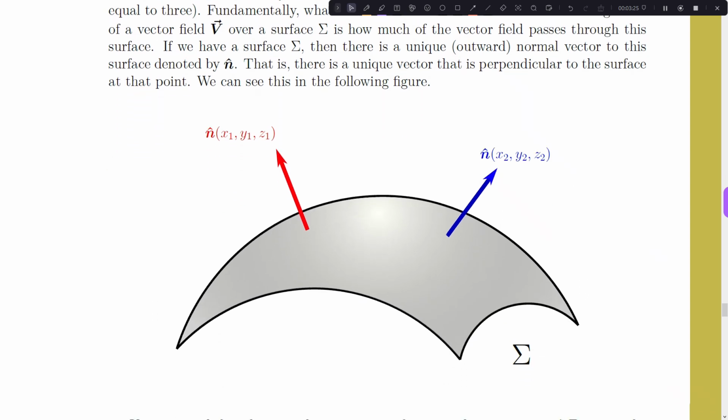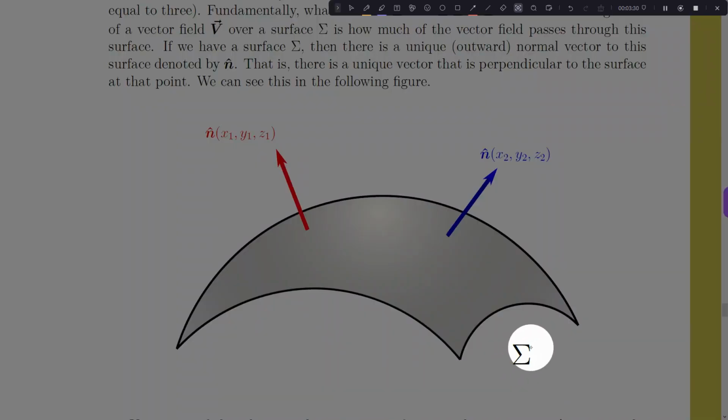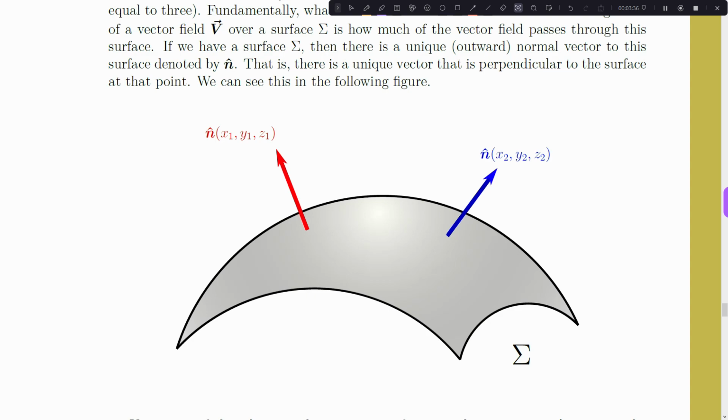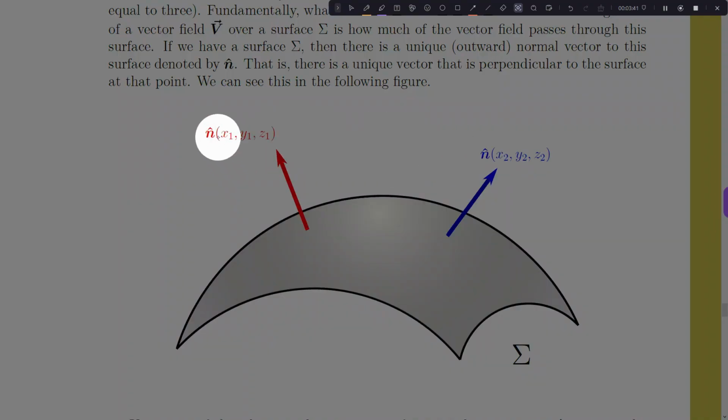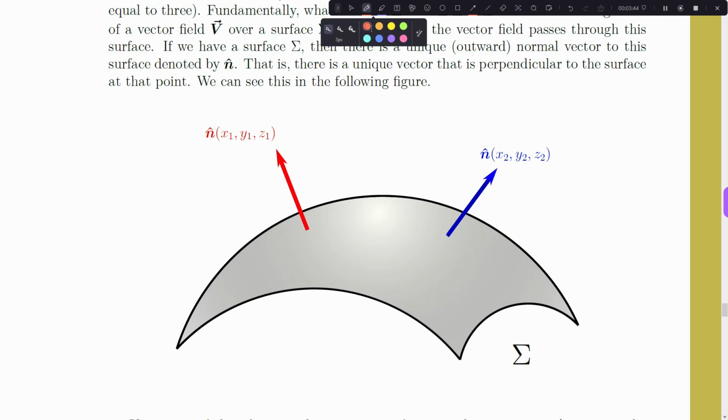And if we look at the following figure here, we have a surface. We're going to call our surfaces in this class sigma, right? Greek capital S, more or less. So our surface will be sigma. And we have this notion of normal vectors to surfaces, which you'll recall from the previous section. The normal vector for a surface is calculated by the gradient of f at that point, and it's normalized.